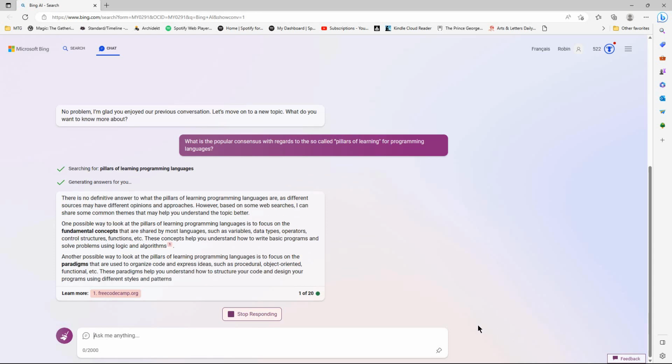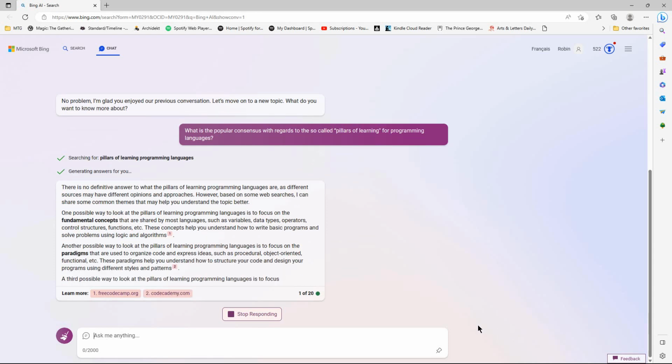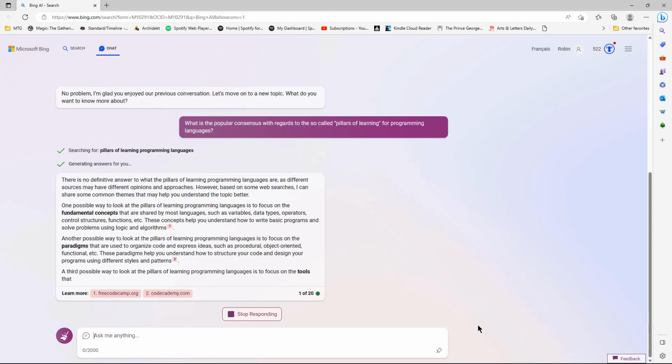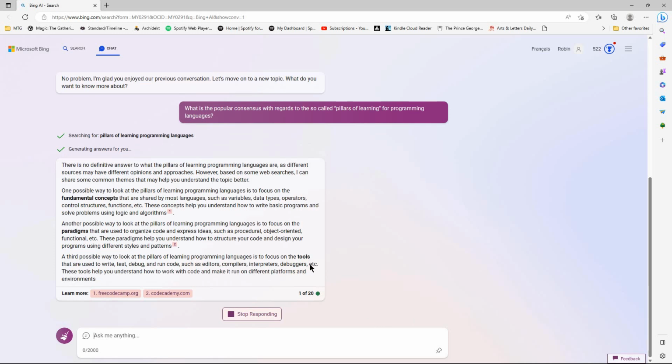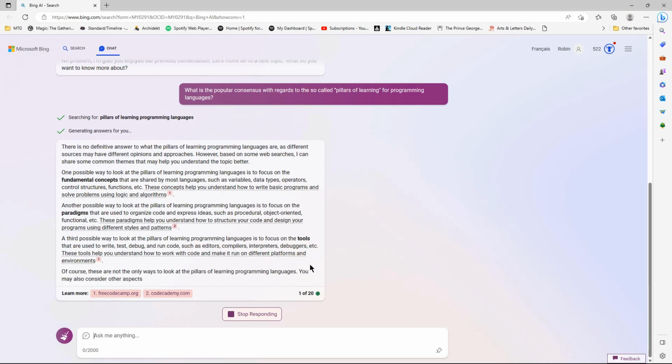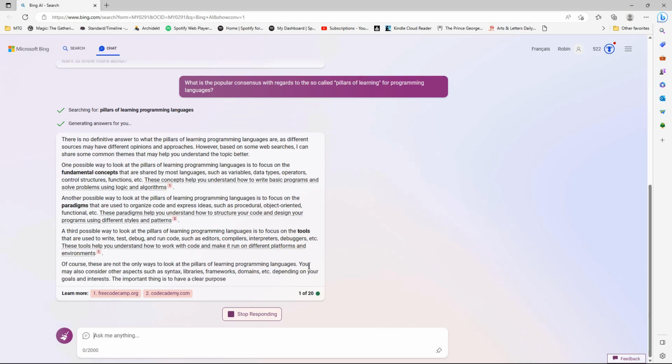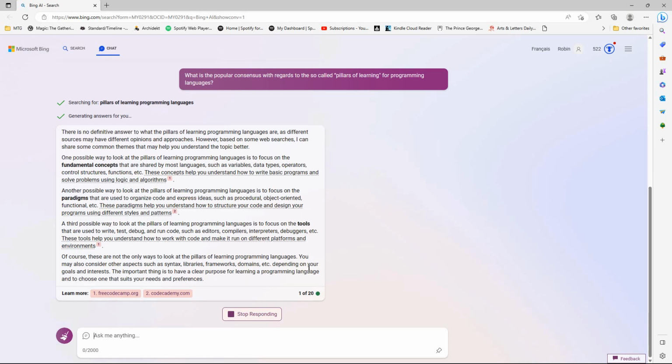So it's going down the route of looking at it through different lenses, like the lens of fundamental concepts, the lens of paradigms, the lens of tools. So it was interesting to see that when it can't pin something down, it can switch roles and viewpoints, and suggest some different things.